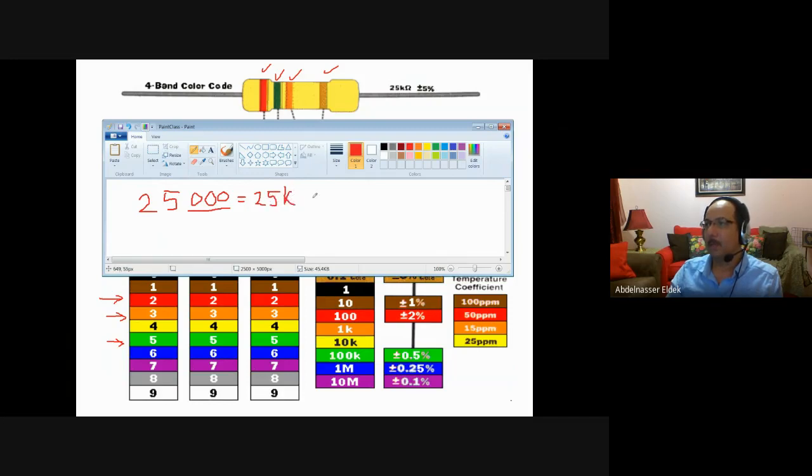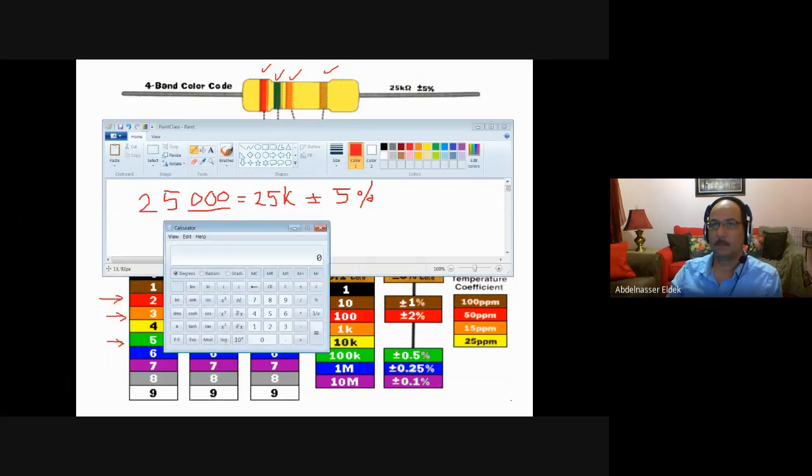Plus or minus the fourth color, which is tolerance. The fourth color is gold, and gold is 5%. To know what the value of this 5% is, you need to calculate it.